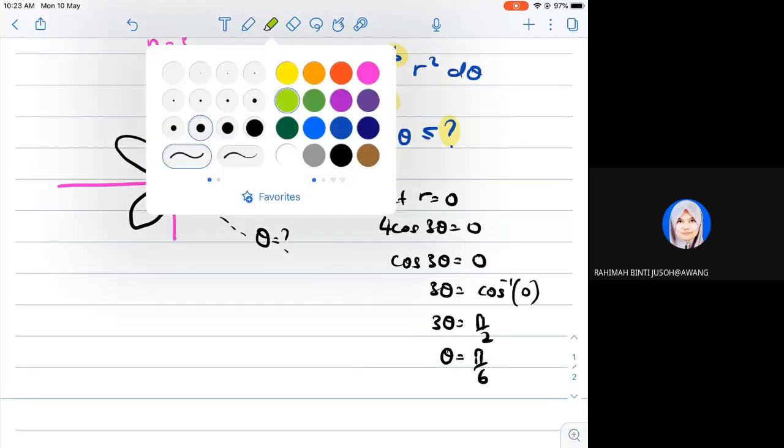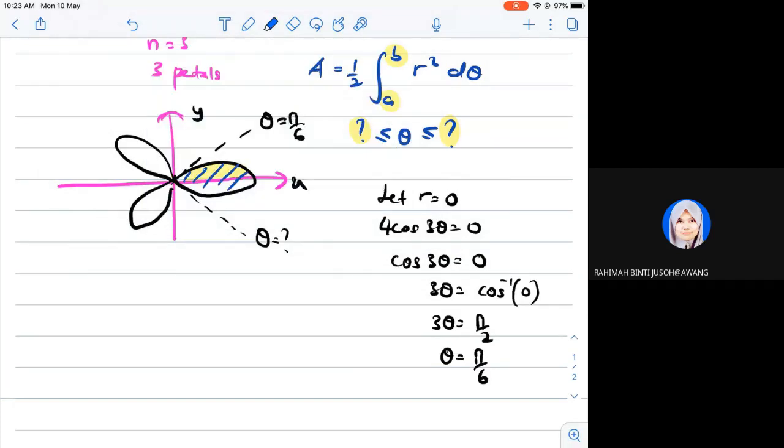Let's say I use blue color. The yellow region is the same as the blue region, the same area. So we can conclude that the lower limit will be negative pi over 6, because the size is the same for the upper and lower parts.